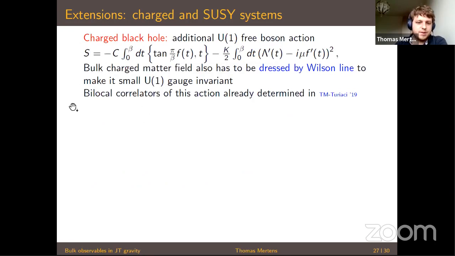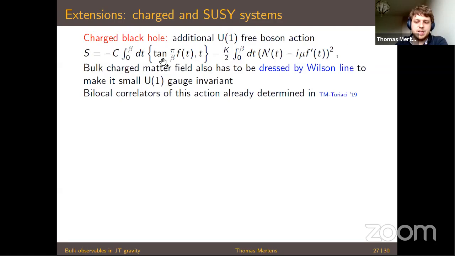This is about some work in progress that we're thinking about now. There are a couple of generalizations to other systems you can think about. One of these is a charged black hole, where the boundary dynamics is altered from just the Schwarzschild degree of freedom, the boundary time reparameterization, to also include a U1 free boson field. I've written down the action here.